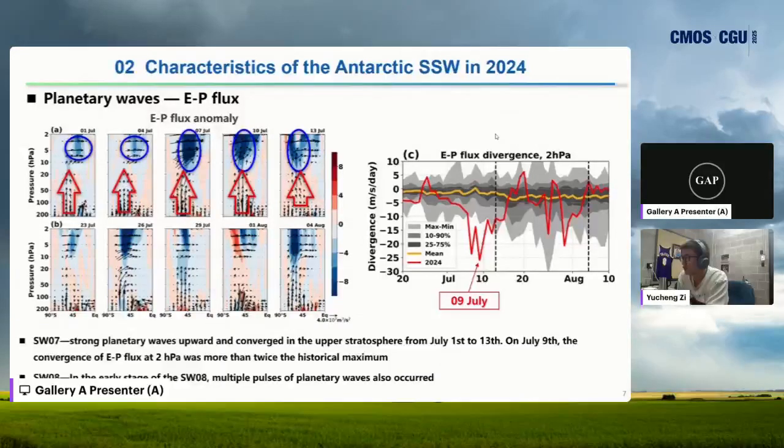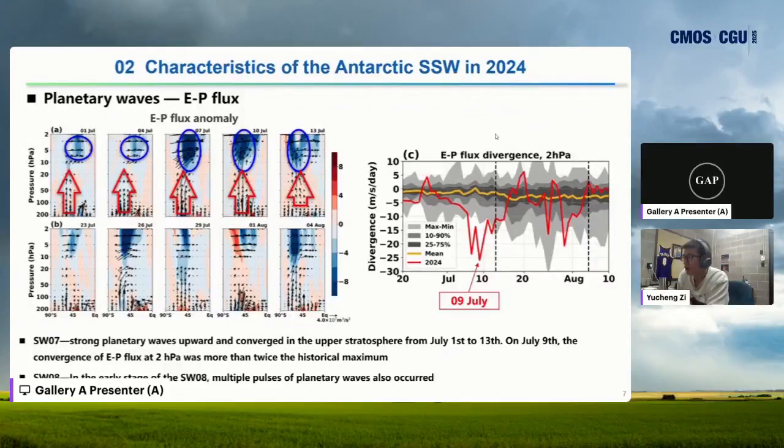We can see that before the July SSW there was a strong planetary wave propagating upward and converging in the stratosphere. In panel C, the convergence of EP flux at 2 millibar was more than twice the historical maximum, so it is very extreme.